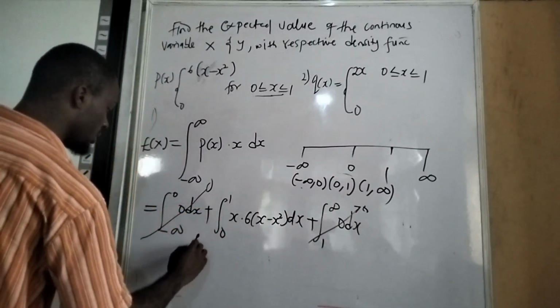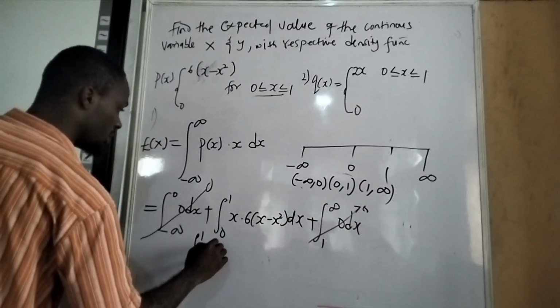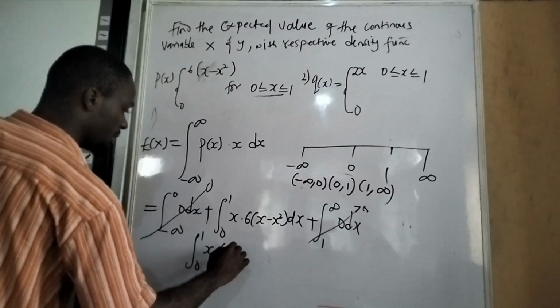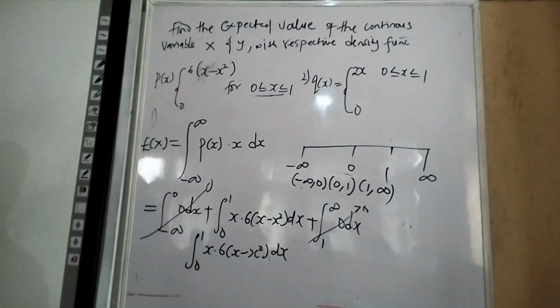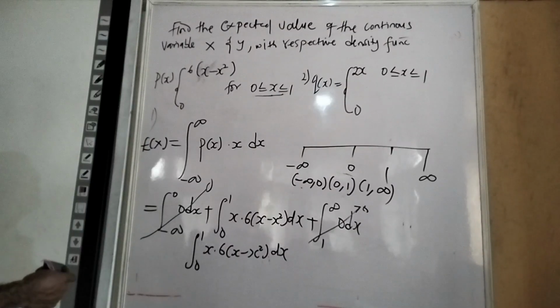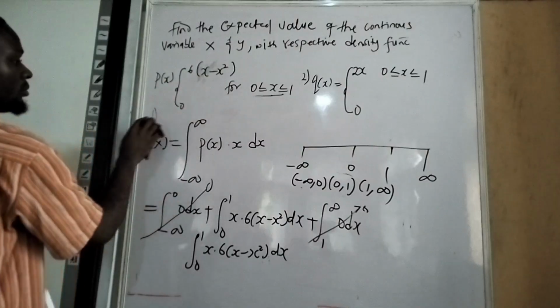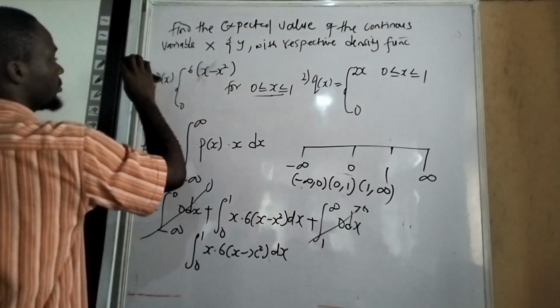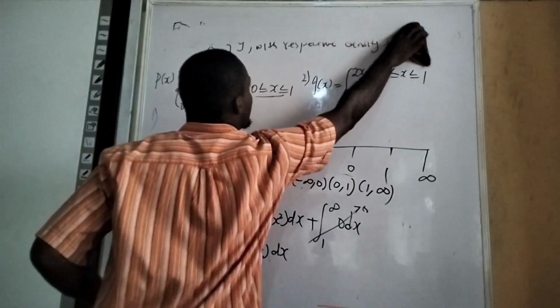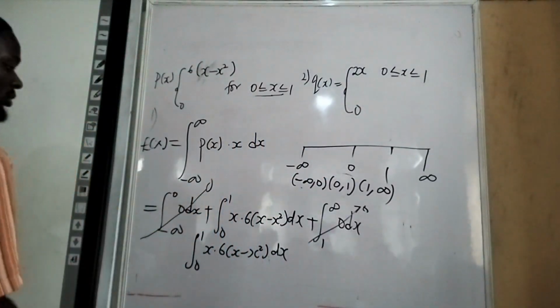So we just integrate from 0 to 1 of x times 6x squared.